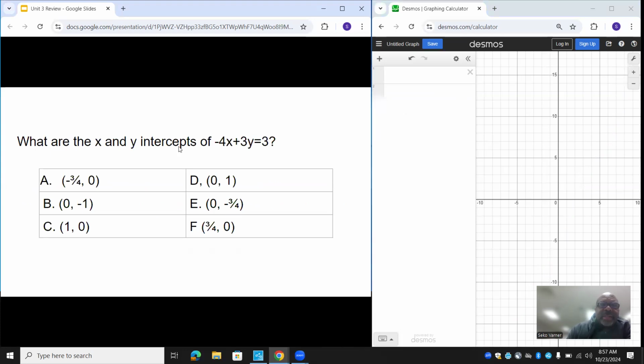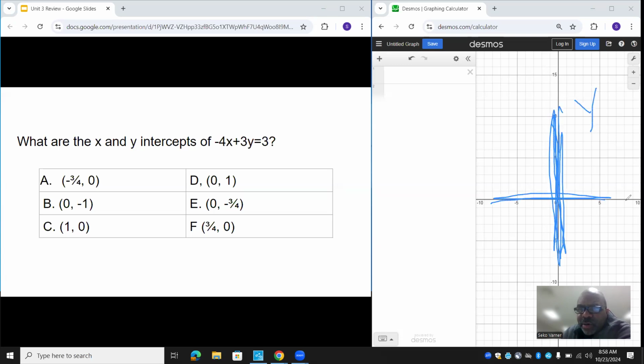What are the x-intercepts and y-intercepts? Well, let me just make sure I mark this up pretty nicely so everybody can see. So this straight up and down line here, this is our y.